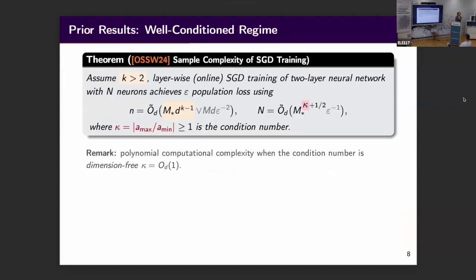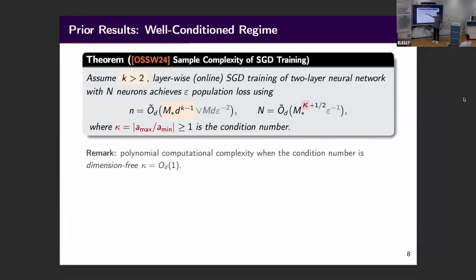Let me first tell you some prior results we had. This was last year at COLT. It turns out that there is a layer-wise training procedure that works if the information exponent is greater than 2. You will get a sample complexity for learning this class of target function that looks like m, the width of the target function, times d to the k minus 1. This is intuitive because the complexity of learning one single index model is d to the k minus 1, and you have m of them.